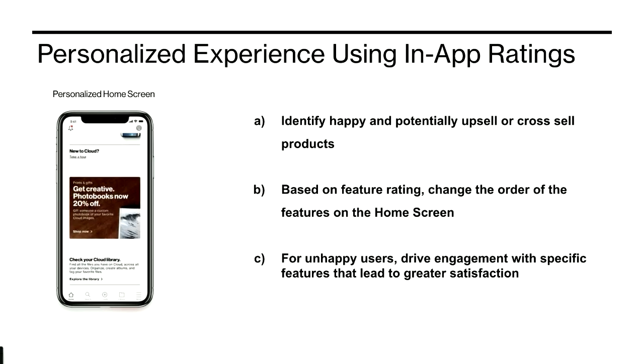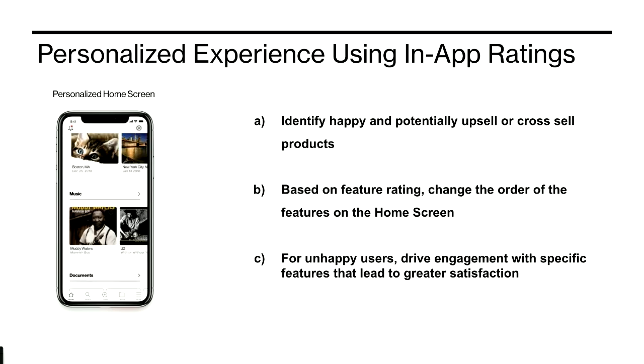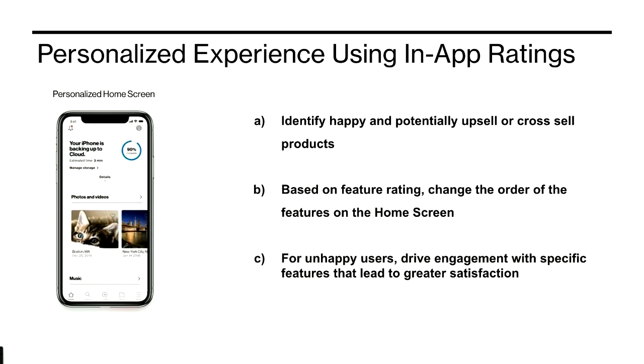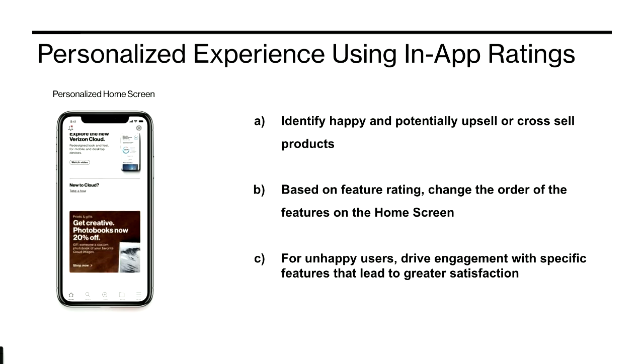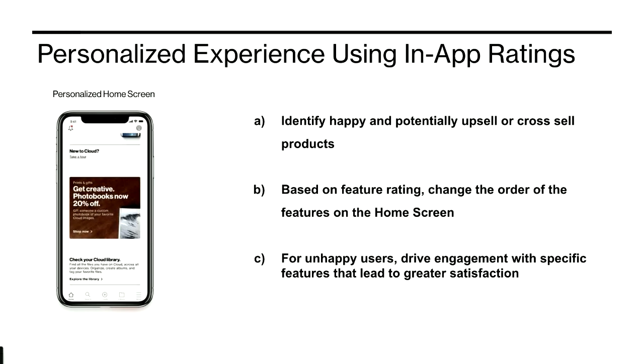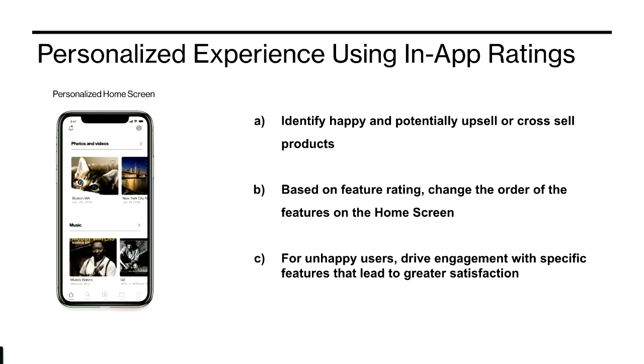You can do so many things because you know this person is loyal to you and happy with your product. Obviously you want to increase your ARPU, average revenue per user, and this is the best place to start. The people who have given a 5-star rating are happy with your product, so you can push them more products, push them for an upgrade, and increase your revenue per user.